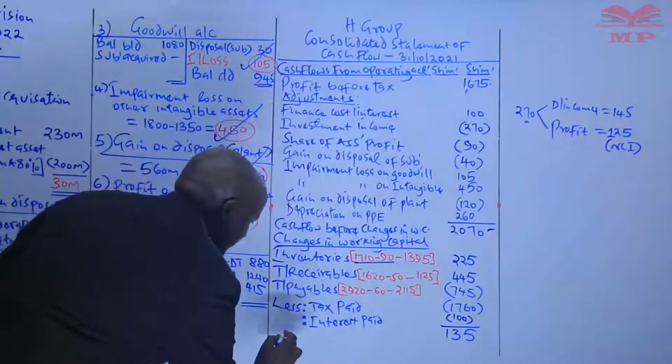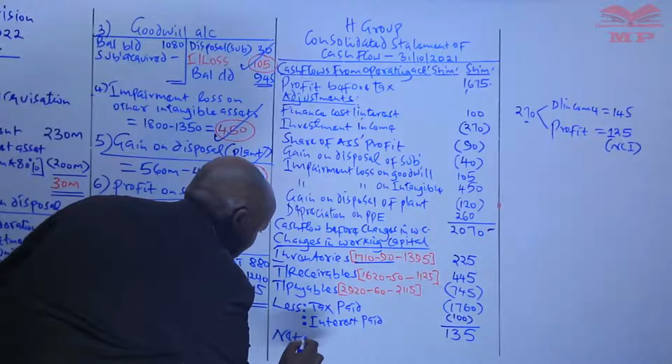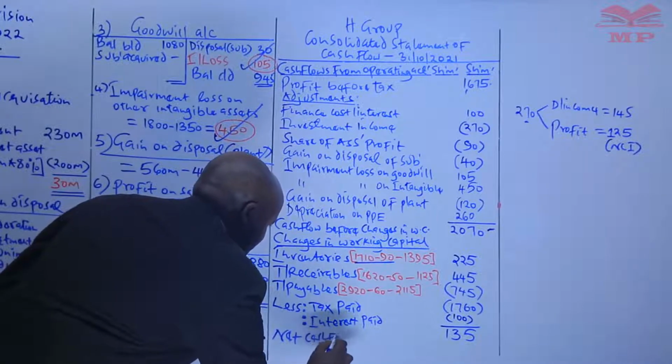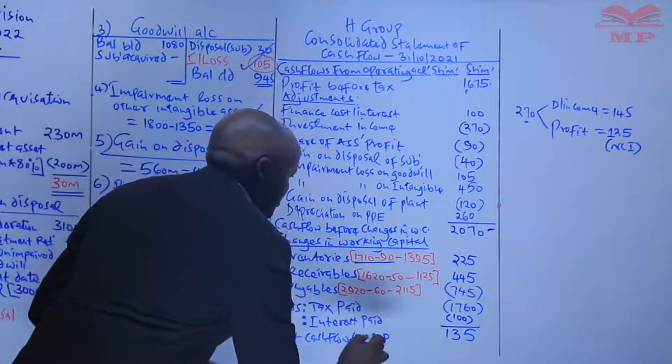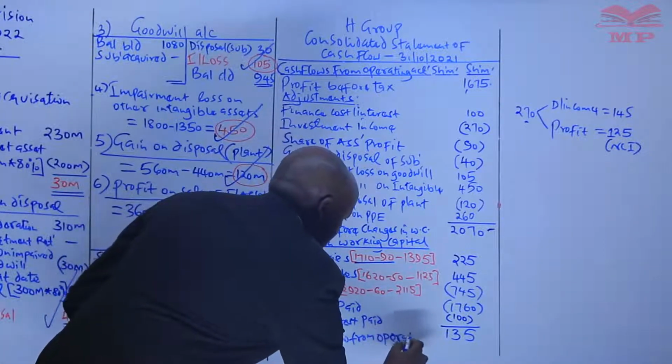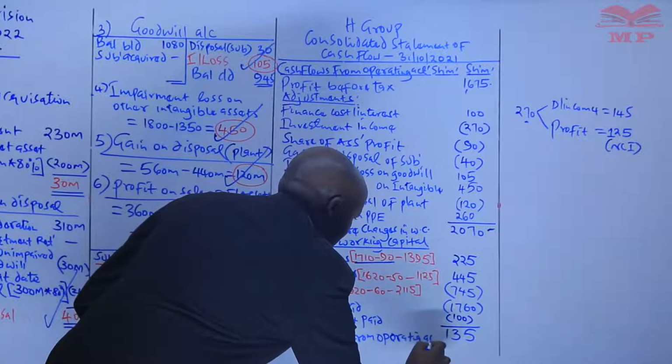What is this 135? This is the net cash flows from operating activities.